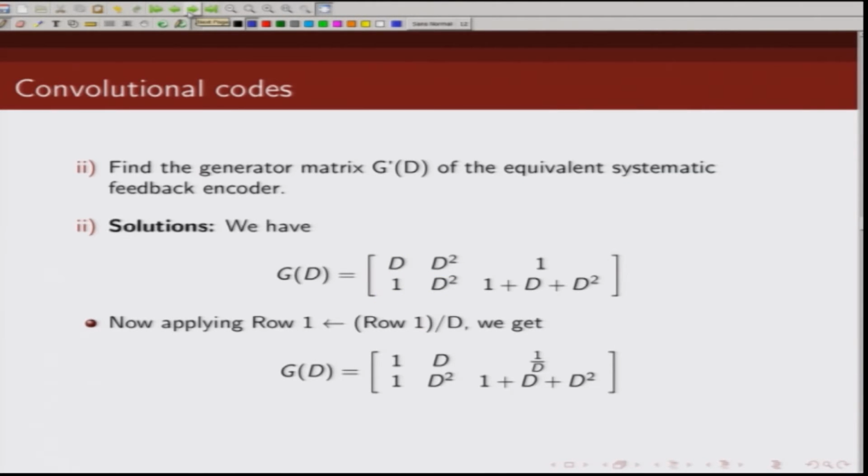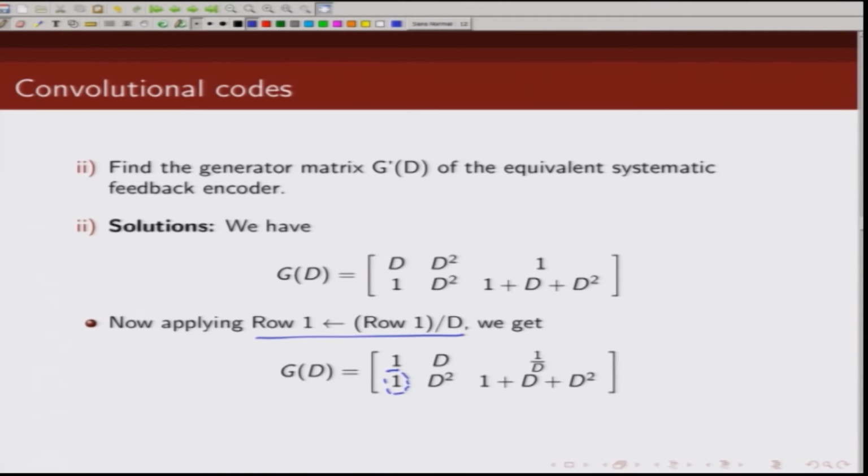So, first thing that we do is we make this a 1. How do we make this a 1? We do this transformation that row 1 is row 1 divided by D. So, we divide this whole thing by D, what we get is 1, D, 1/D. Next, we would like to get a 0 here.